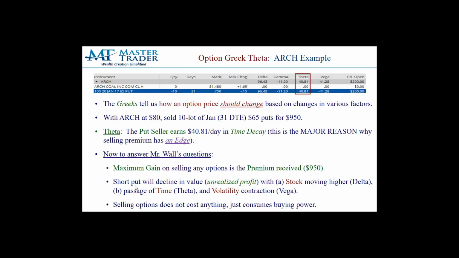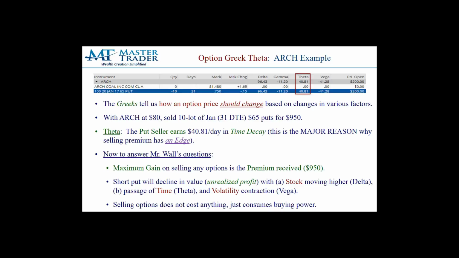So this short put, the current price if I wanted to close it, is going to go down in value, which is what we want, right? We want to sell options at a high price and buy them back or let them expire worthless at a low price.